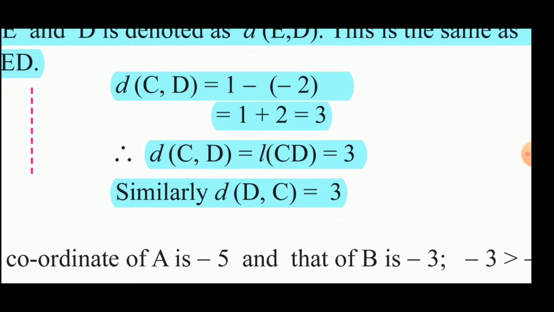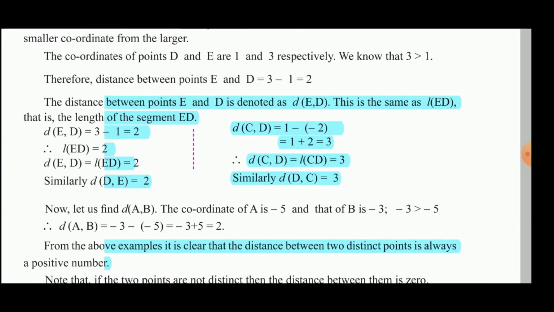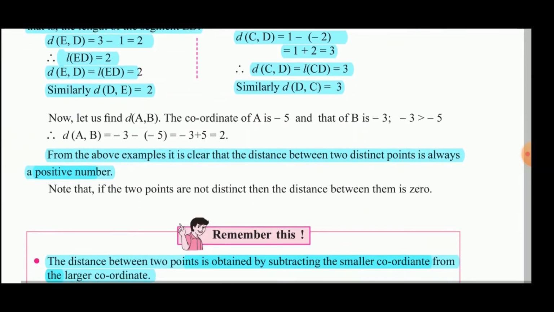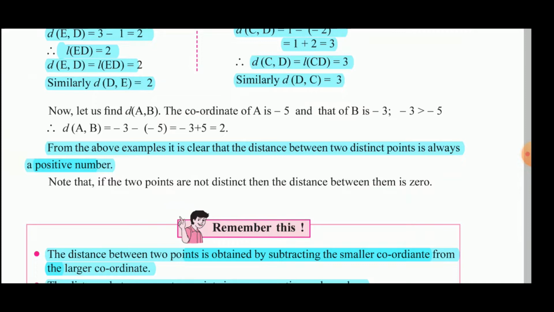So distance CD is equal to 3. Similarly we can find out the distance AB. The coordinate of the point A is -5 and the coordinate of B is -3. So -3 is greater than -5. So distance AB will be given by -3 minus -5, that is equal to -3 plus 5. So 5 minus 3 is equal to 2.